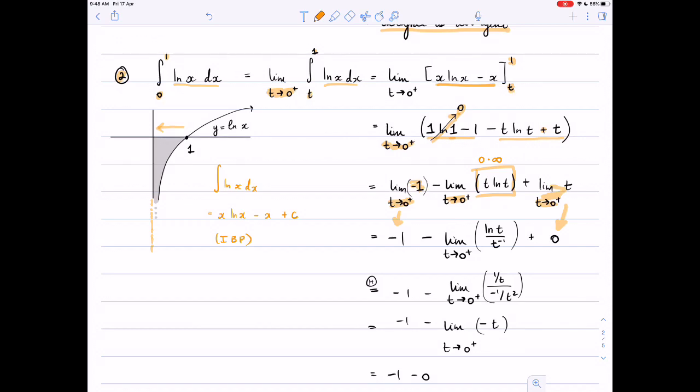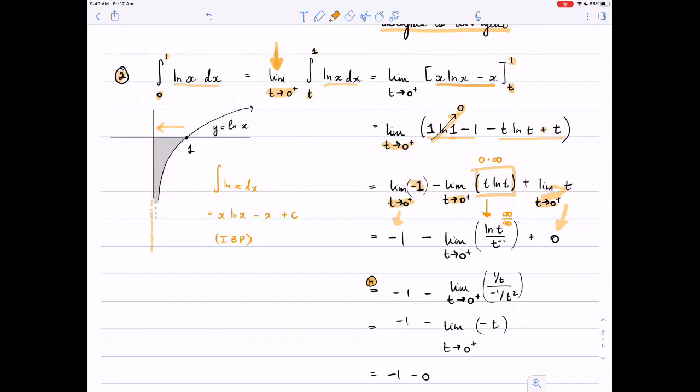So with 0 times infinity, what we are going to do is transform it by pushing one of the functions into the denominator, typically not the logarithm, anything else. So we'll push the algebraic function into the denominator, and now I have form infinity over infinity, which is a L'Hopital form. These improper integrals do use limits, and so all of your limit calculation techniques from Cal 1 are brought to the forefront here.